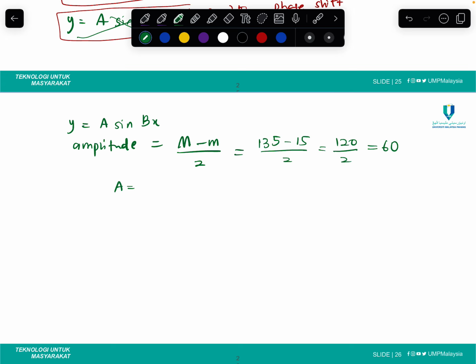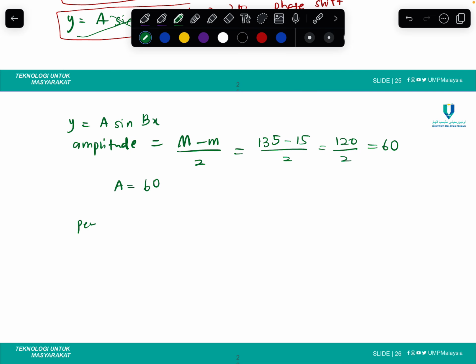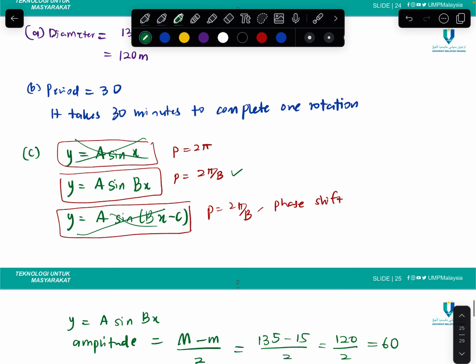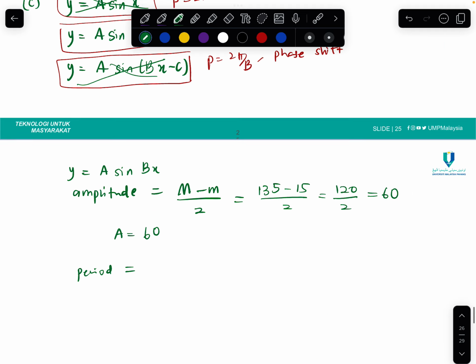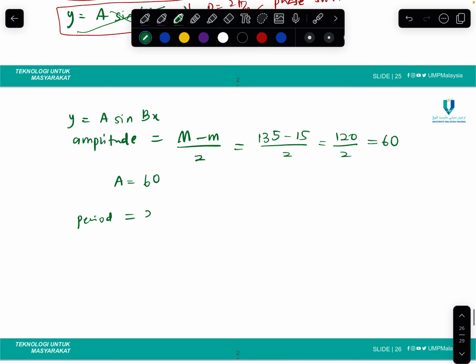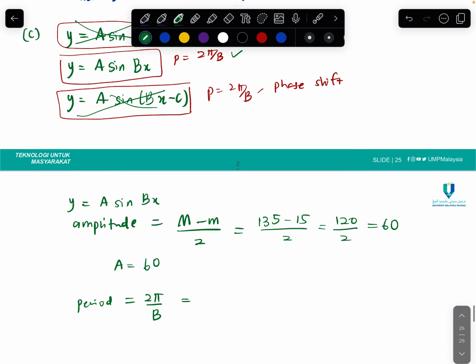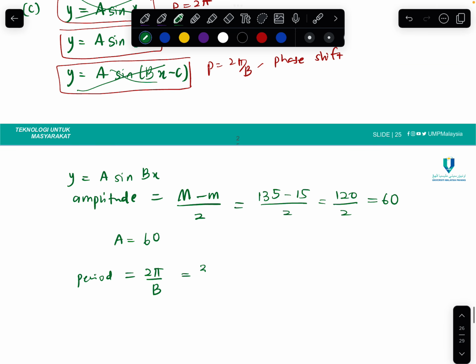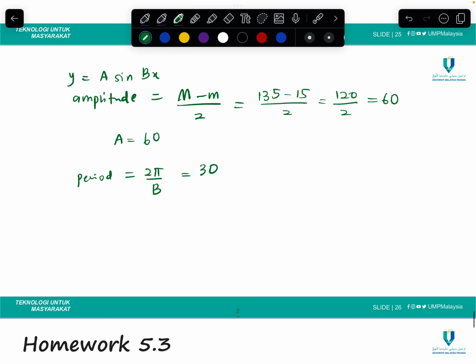So your A equals 60. For the period, we obtained 30. Based on the formula, period is 2 pi over b equals 30. So we can find B: B is 2 pi over 30, which is pi over 15.